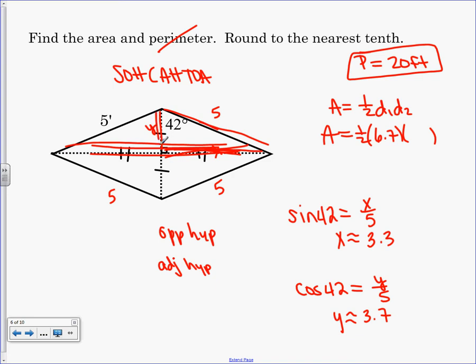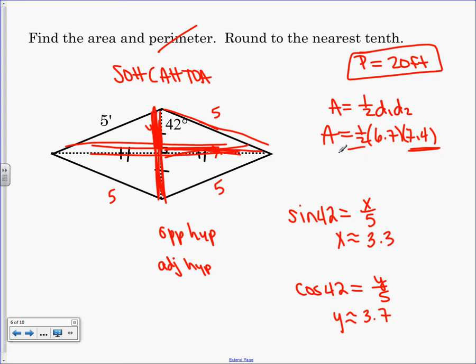And that's just this piece. How am I going to get the whole diagonal? Times 2, and you get? 7.4. You can store that if you want to, or you can just go ahead and use it here in a second. That's up to you. Okay? So we're going to take the 7.4, if it's still in your calculator, just keep it in there.